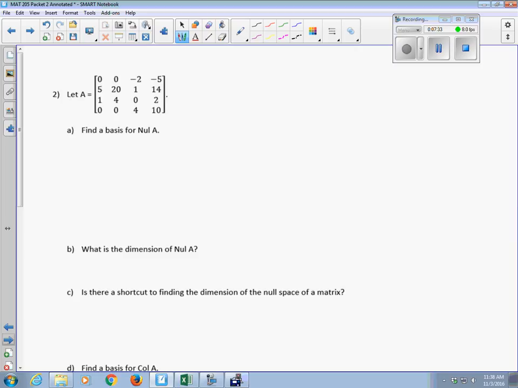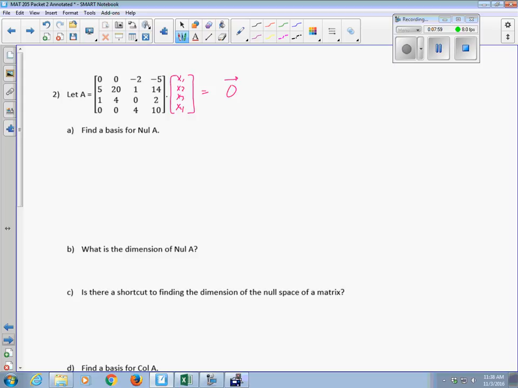Yes. So it's the set of all vectors that I could multiply A by, the set of all vectors that I could put here and get the 0 vector as a result. So all possible things there. So these are x1, x2, x3, x4. I want to describe what those vectors look like that will give me 0.